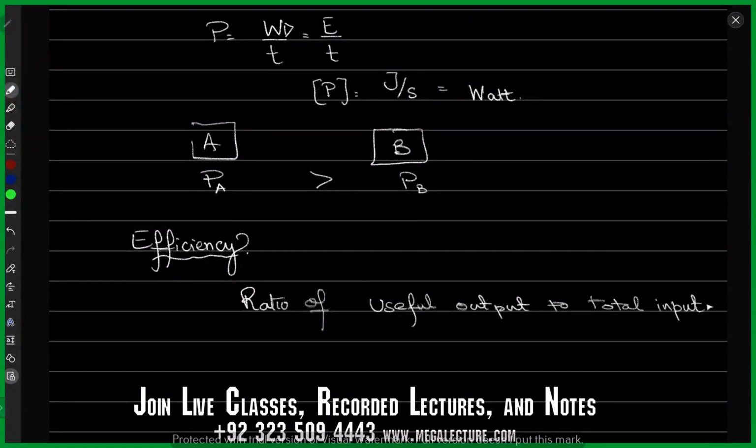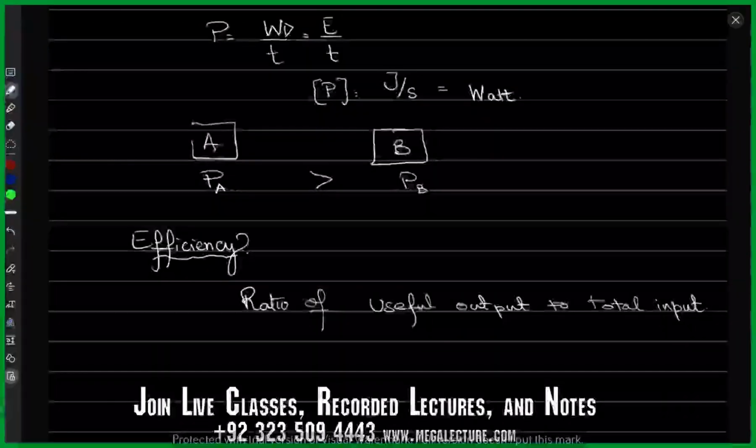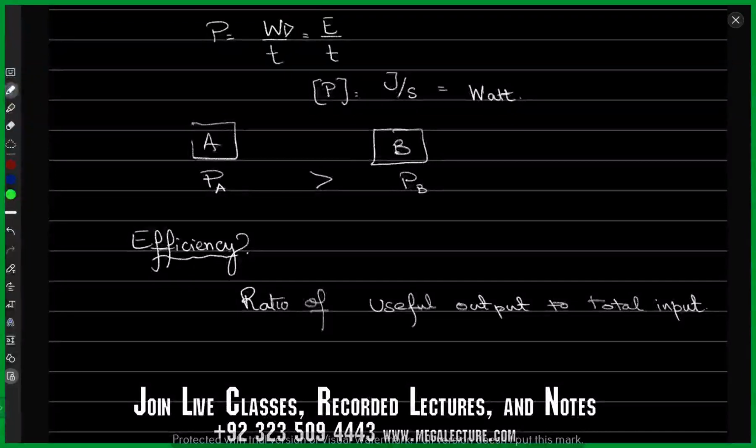It's also written as useful work output divided by the total energy input. So you're giving it all the energy, and how much useful work can be obtained from that energy. That's efficiency, right?